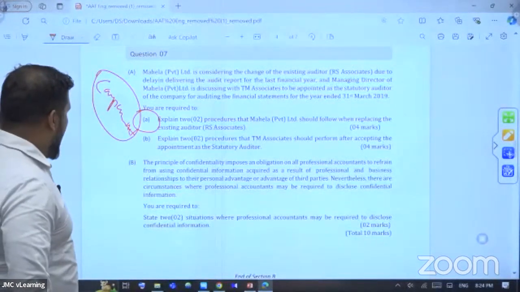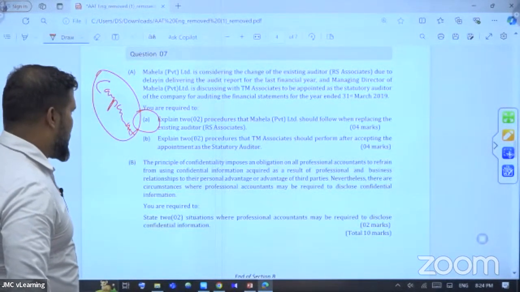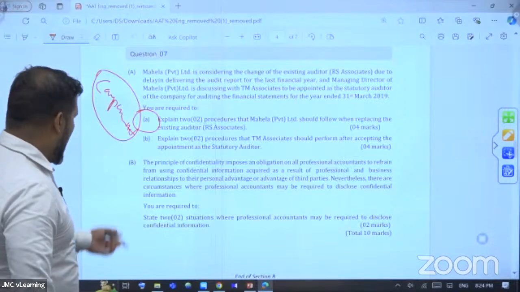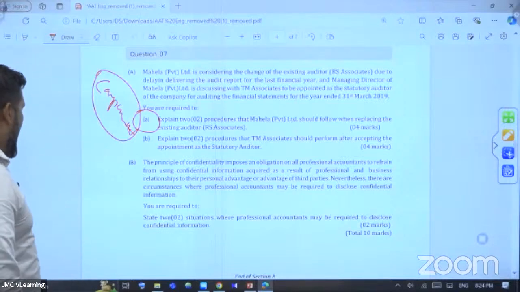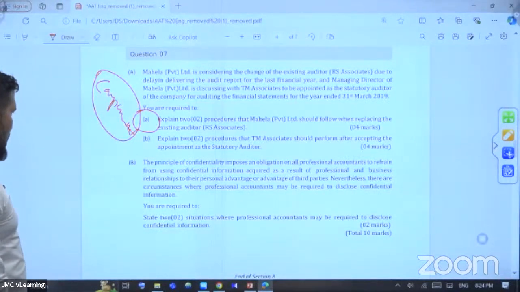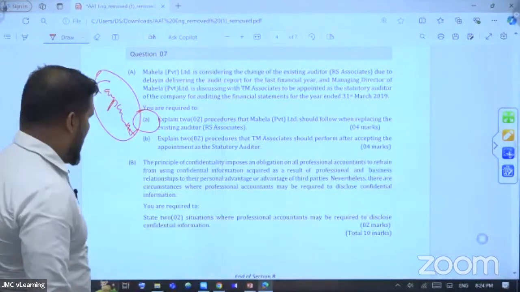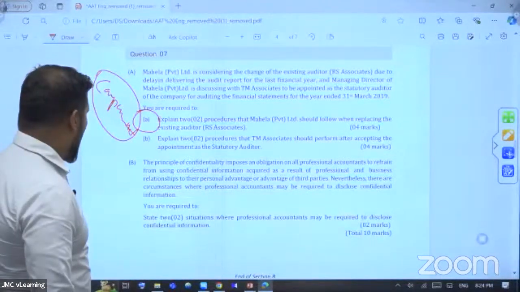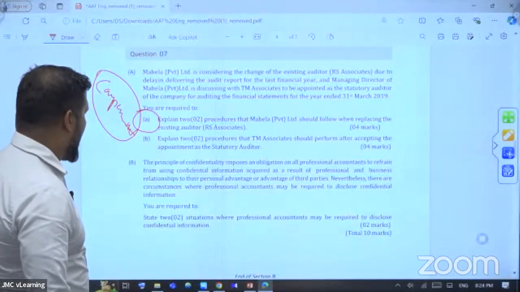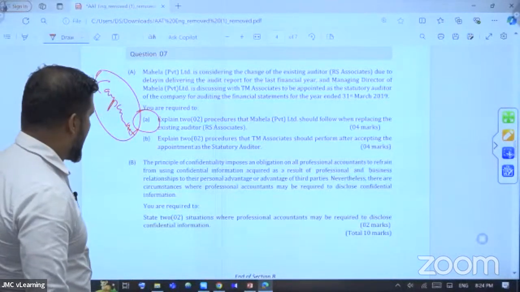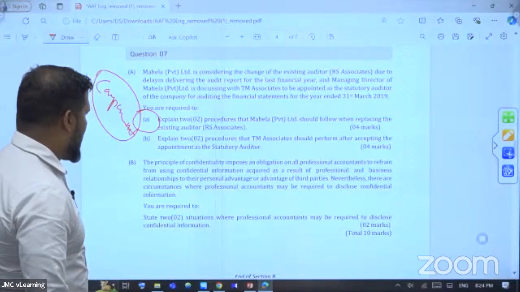Right. Then explain 2 procedures that TM Associates should perform after accepting the appointment as statutory auditor. Right. Then Section B: the principle of confidentiality imposes an obligation on all professional accountants to refrain from using confidential information acquired as a result of professional and business relationships for their personal advantage or the advantage of third parties.